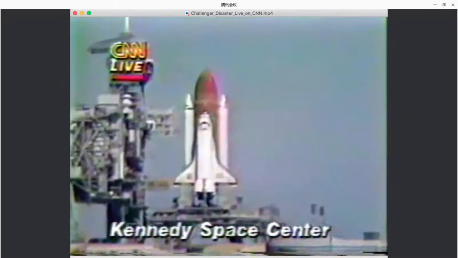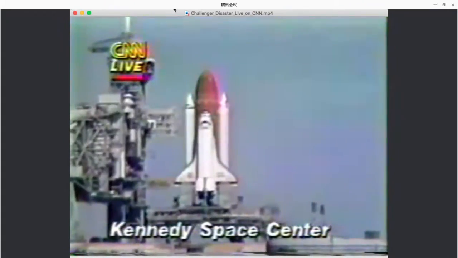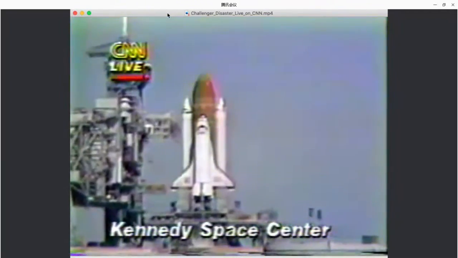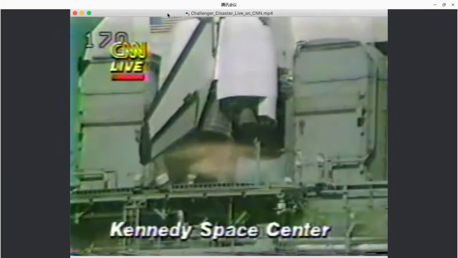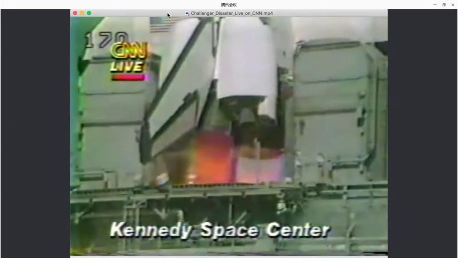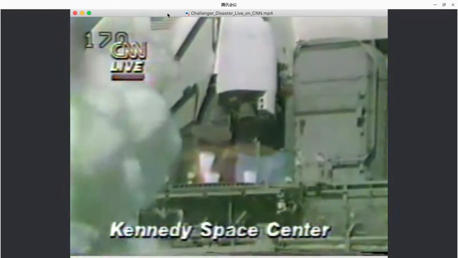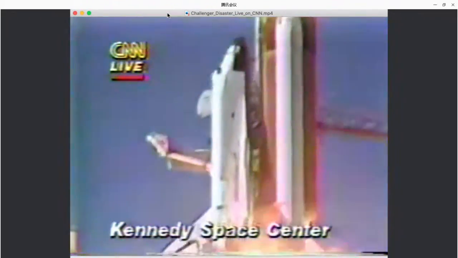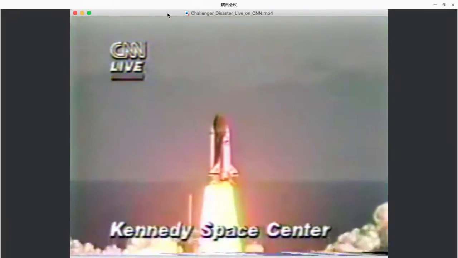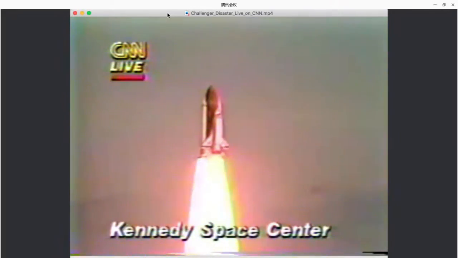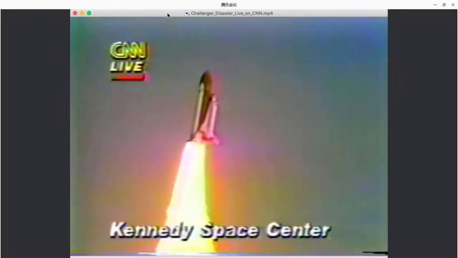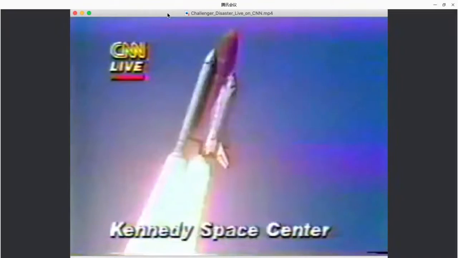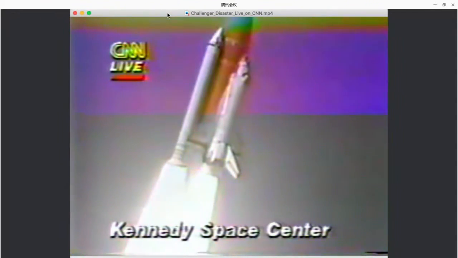Solid rocket booster engine gimbal now underway. T-minus 15 seconds. T-minus 10, 9, 8, 7, 6. We have main engine start. 4, 3, 2, 1, and liftoff. Liftoff of the 25th Space Shuttle mission, and it has cleared the tower. Roger, roll, Challenger. Good roll program confirmed.